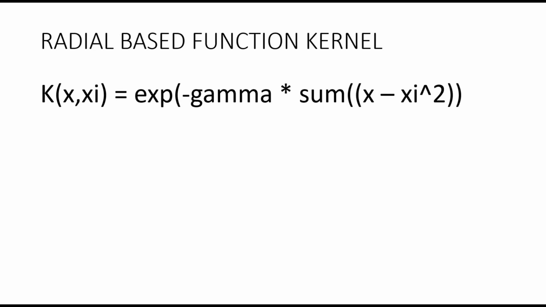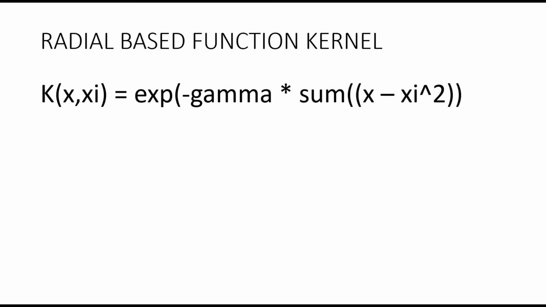Next, we need to understand the radial basis function kernel, that is RBF. The radial basis function kernel is a popular kernel function commonly used in support vector machine classifications. RBF can map an input space in infinite dimensional space.